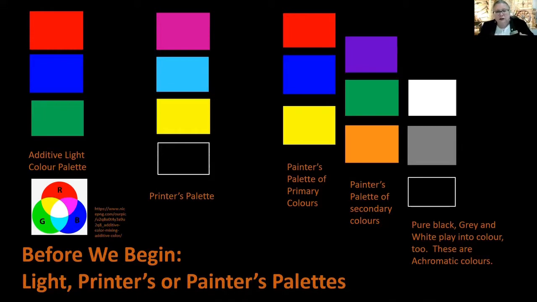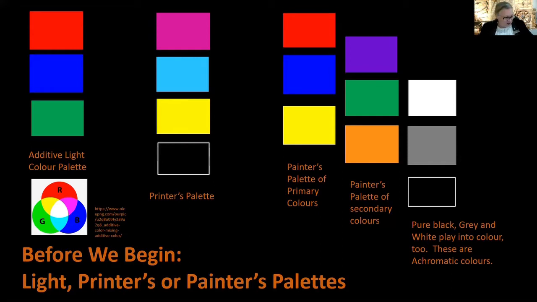There are many palettes that go into making color. We have additive light colors, which we have on the left here. And those are what we normally see when we're talking about video screens or television.